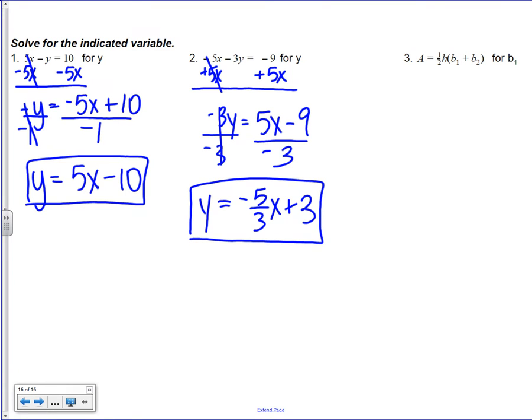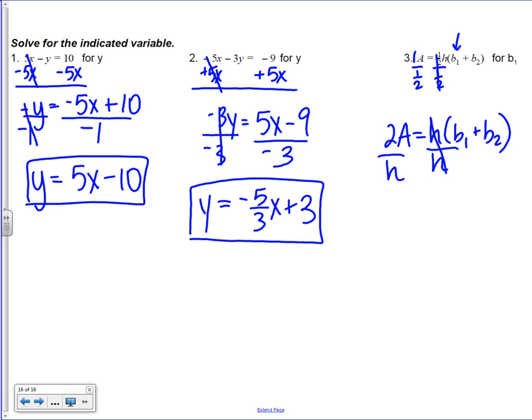Finally, I want to solve for b1, which is right here. The first thing I need to get rid of is a half. Well, I'm going to divide by a half on both sides. Remember, there's a 1 in front of that a, so if you take a 1 and divide it by a half, you'll get 2a, and then I'll rewrite the rest of my equation. Next, I need to get rid of the h. Don't distribute that h, get rid of it.